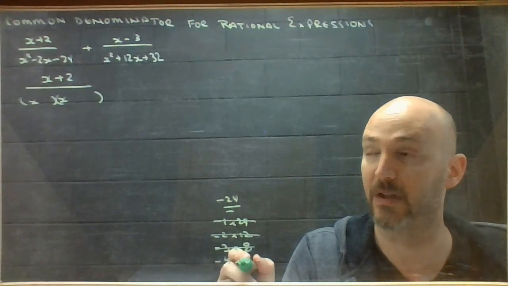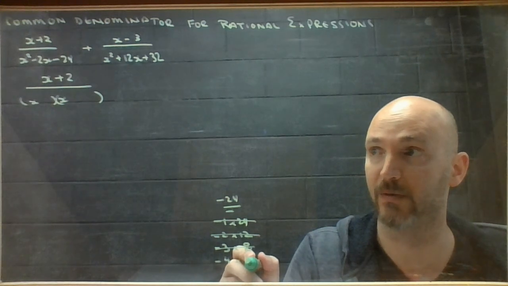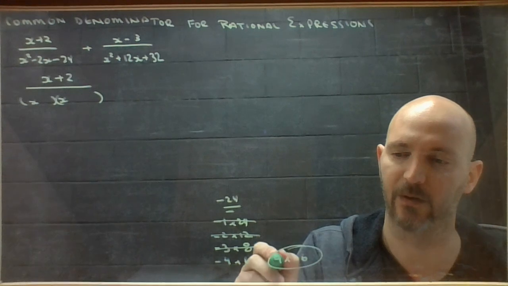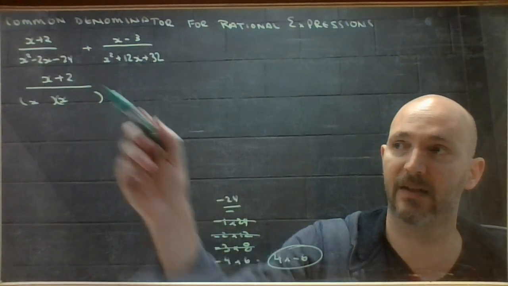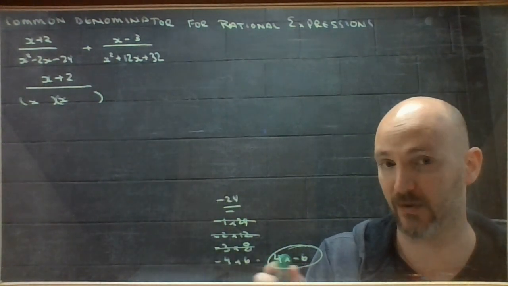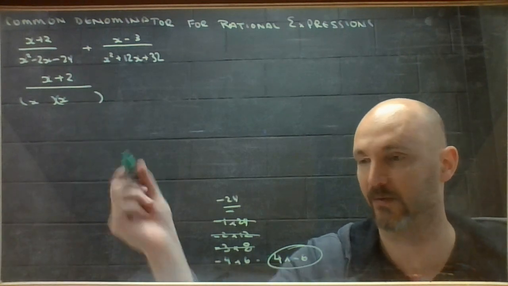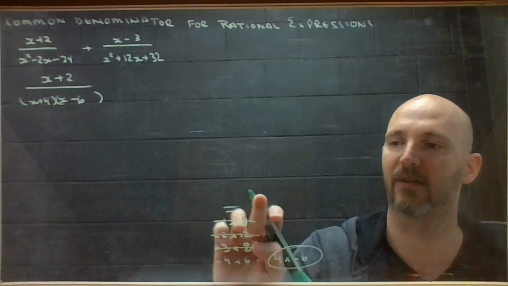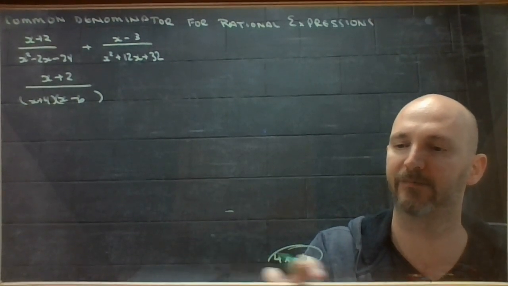This would give me positive 2. So I'm going to try the other combo. There we go. 4 times negative 6 is negative 24, and 4 subtract 6 is negative 2. So x plus 4, x minus 6 are the combination that I need.